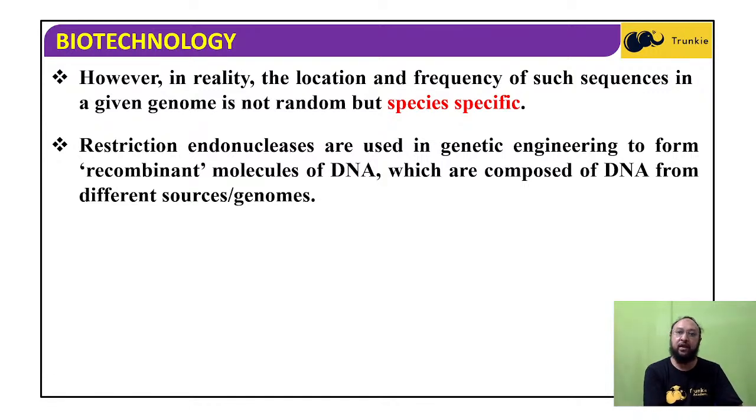So restriction endonucleases are used in genetic engineering to form recombinant molecules of DNA, which are composed of DNA from different sources and genomes. So these restriction endonucleases we use to cut the DNA and to join it with the desired DNA, the desired gene, because that DNA will encode and express a particular amino acid and protein that is of our interest. This has opened a new era, you can say.